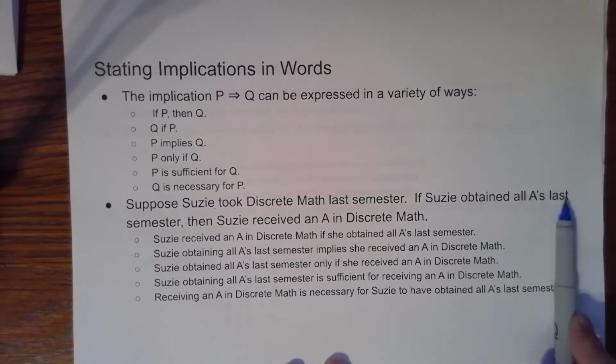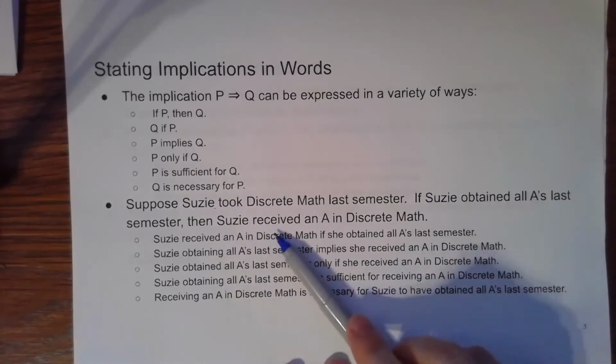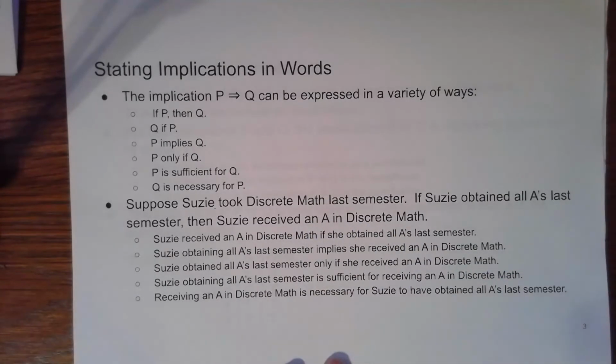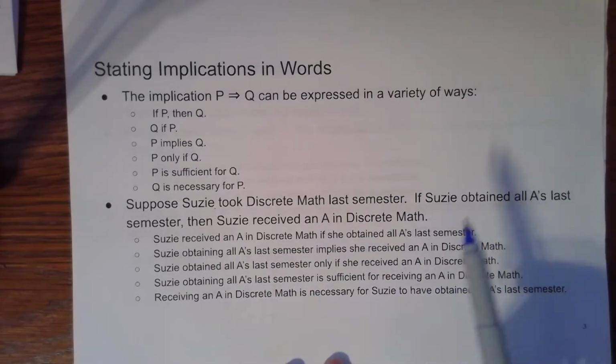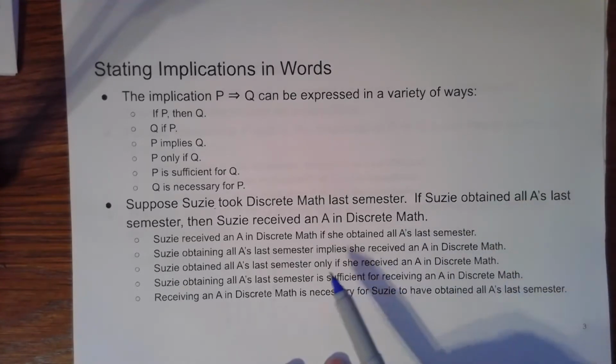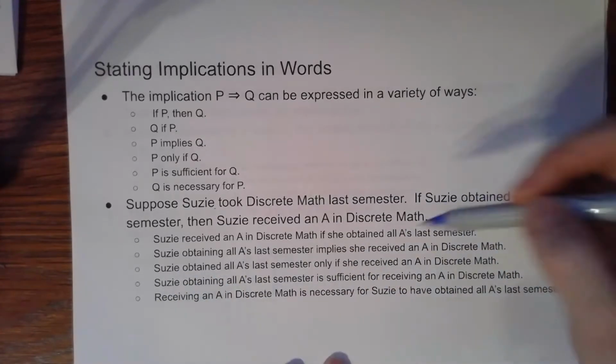If she got all A's, then she would have had to have gotten an A in discrete math because that was one of her classes. So this would be a true logical implication. Okay, so let's look at another way that we might say this. So first let's look at this.